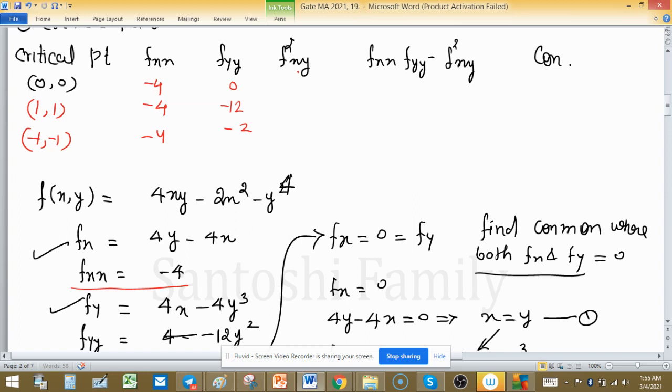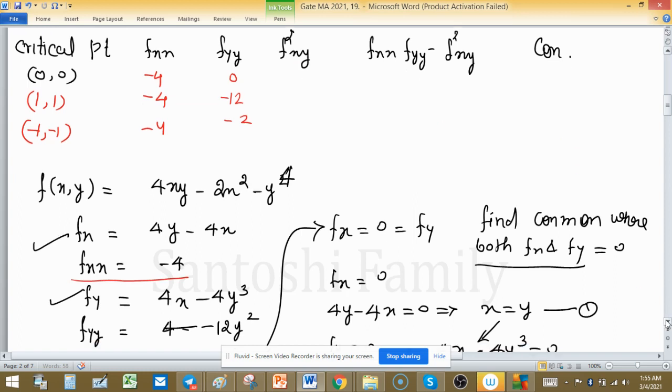Now f square xy: because fxy is 4, which is constant, its square is 16 at all points. At (0,0), the value is minus 4 into 0 minus 16, equal to minus 16, which is less than 0.